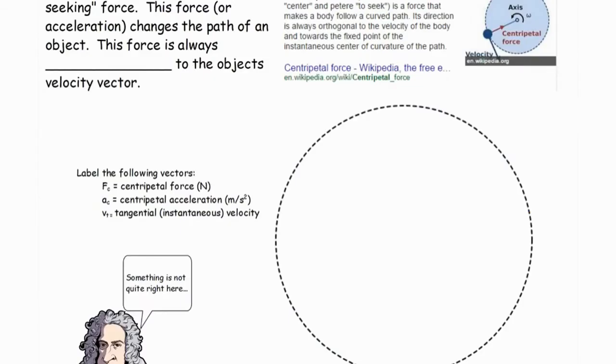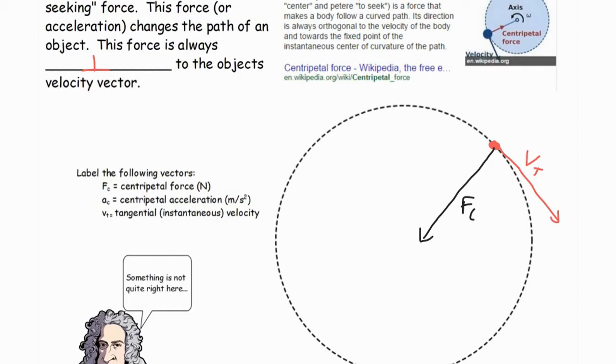So centripetal force is a center-seeking force. This force is always perpendicular to the object's velocity vector. So if I have an object here and it's traveling with a velocity that's tangent, so there's the tangential velocity, that's the velocity of the object traveling in a circle. The centripetal force is always going to be perpendicular to that, towards the center.